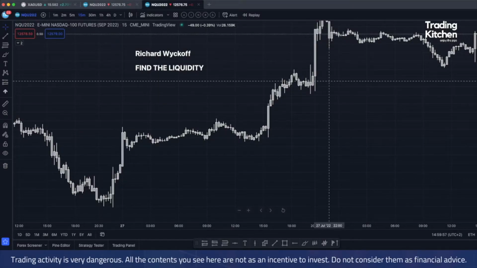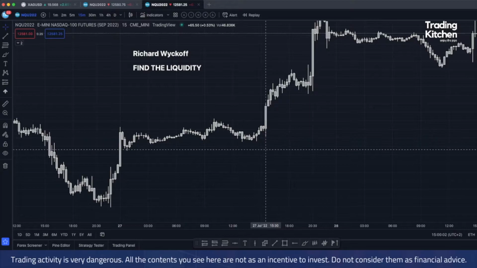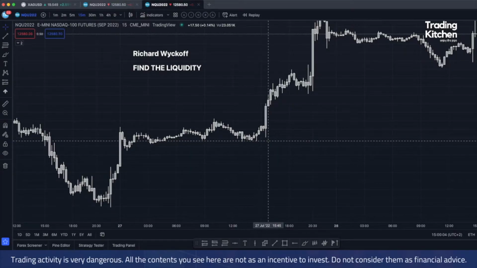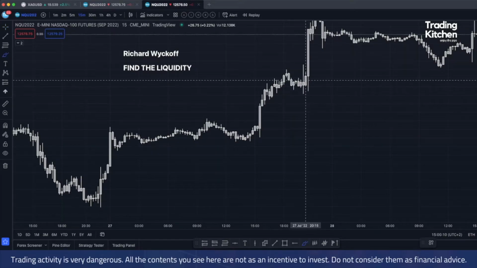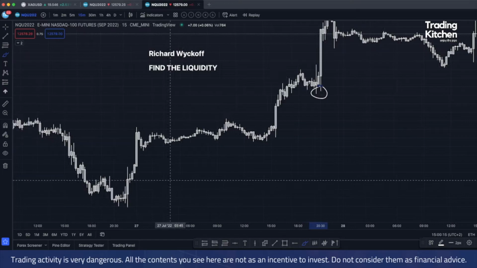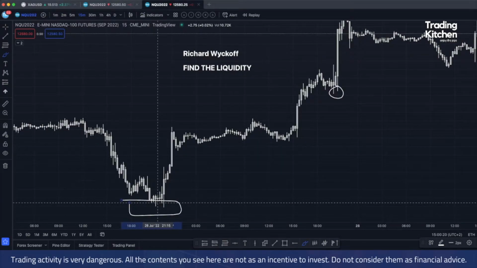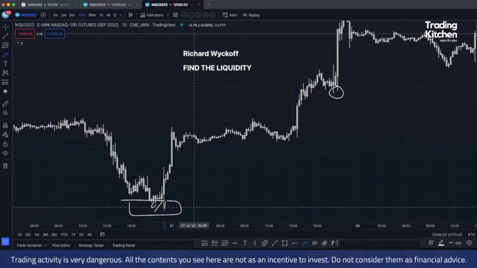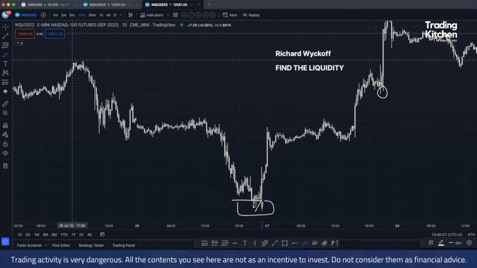You can easily find liquidity on the chart when you see long tails. So for example, this could be liquidity, and this is liquidity, because there are so many tails, so many wicks here. And this as well. This is liquidity.